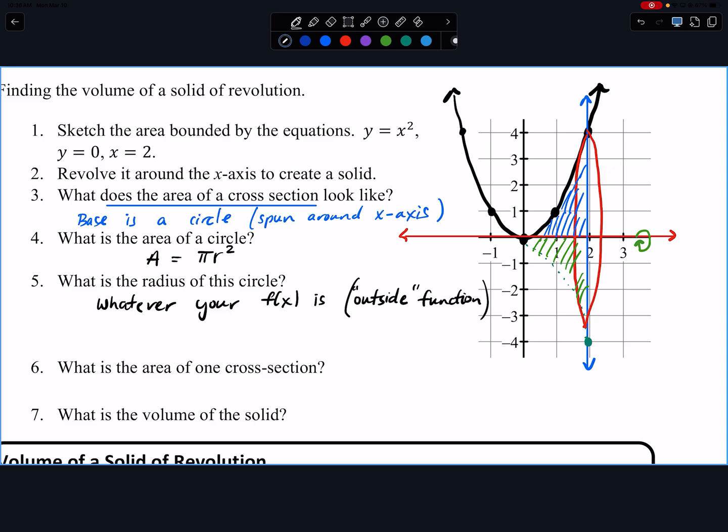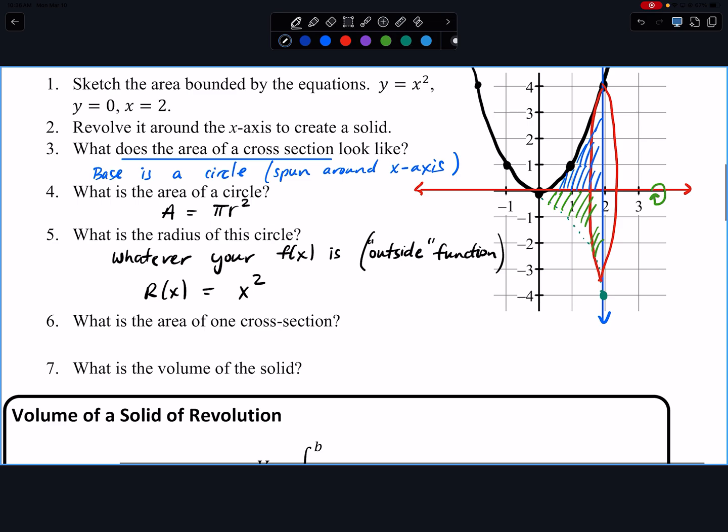So we're going to call it R of x. In this case, it's going to be x squared because it's a quadratic. So then the area of one cross section is going to be pi r squared.